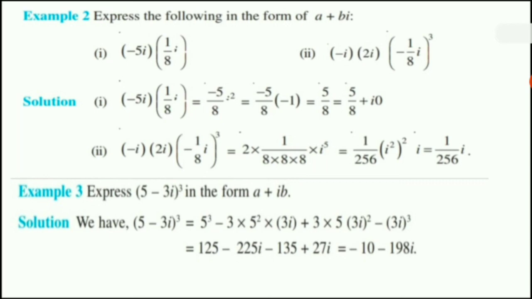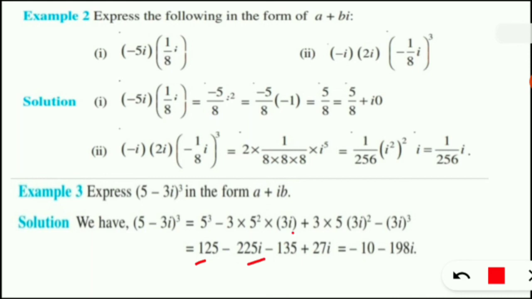So 5 cube, that's 125, minus 3 into 25 into 3, that's 225, and here is i, that's why 225i.